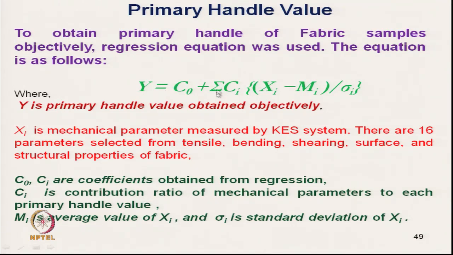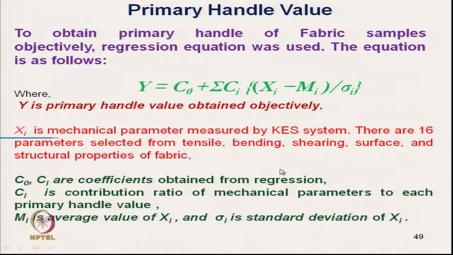Mi is the average value, xi is the individual value, and sigma i is the standard deviation of xi. So, using this equation we can get the primary hand values.